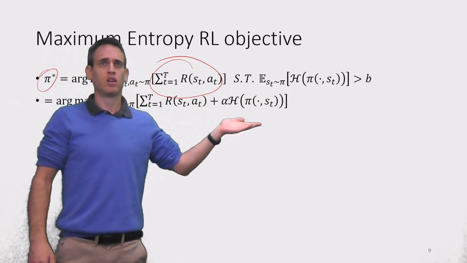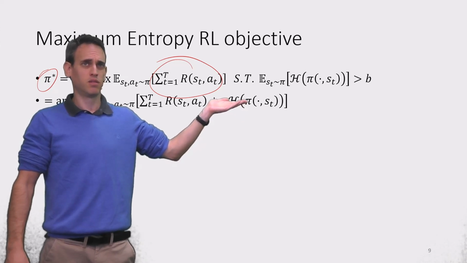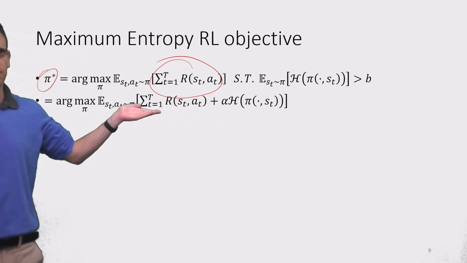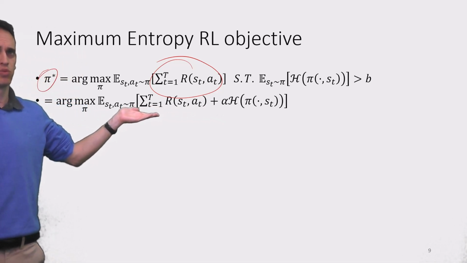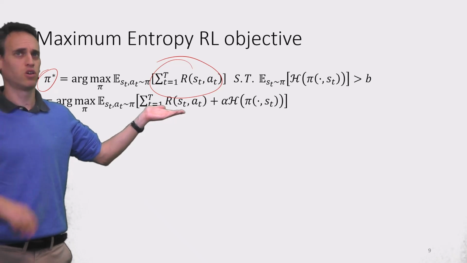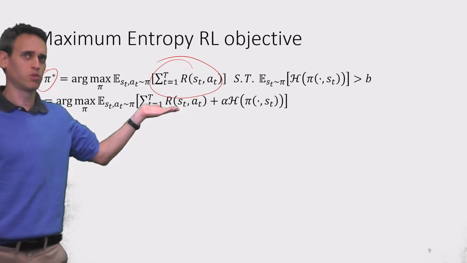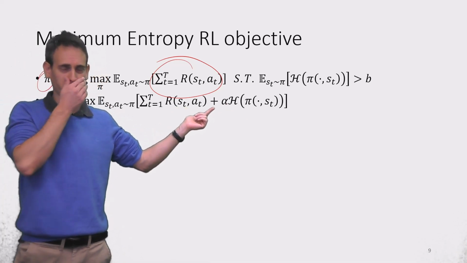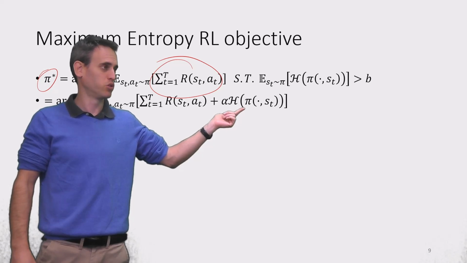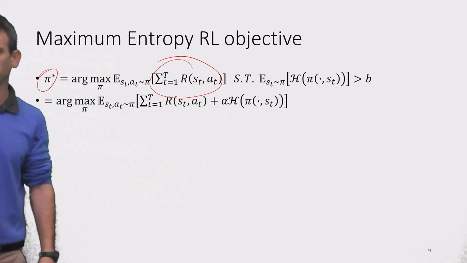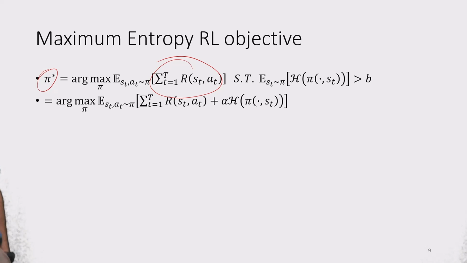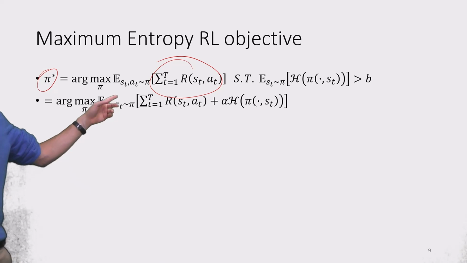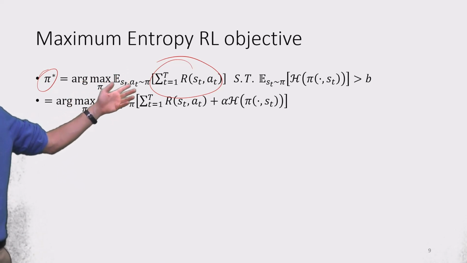Of course, we can use Lagrange methods to combine our constraint with our objective function and have a single objective function which is a linear combination of the sum of rewards, or discounted rewards, plus some coefficient multiplied by the entropy term. And this is known as the maximum entropy RL objective, but in the literature you'll see it as MaxEnt. Okay, but it means the same.